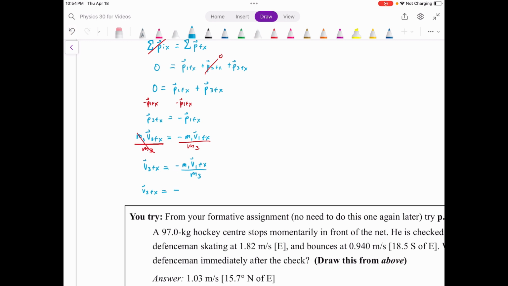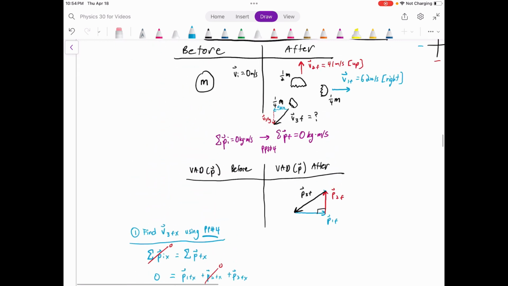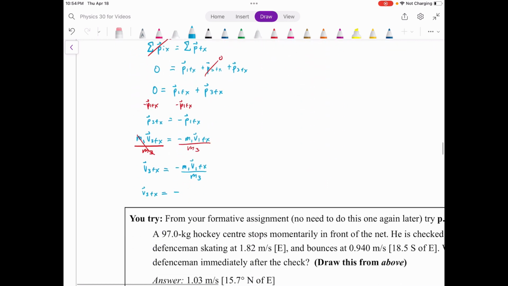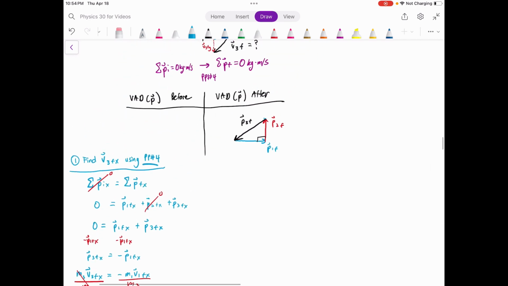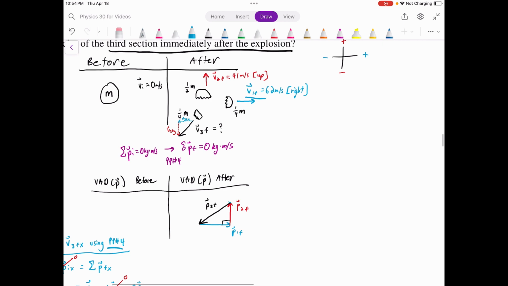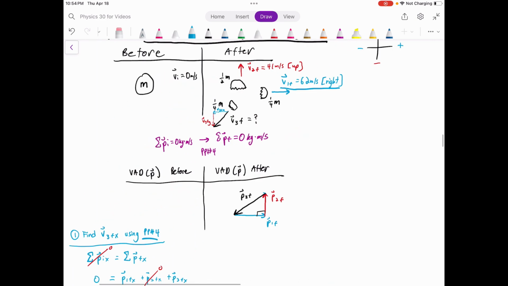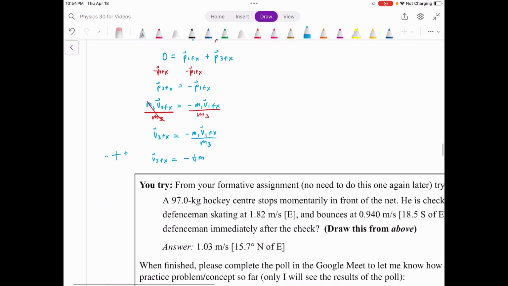negative mass 1. Now again, we don't know what mass 1 is, but we know that it is 1/4 of the total mass. So mass 1 is just 1/4 m. V1 final x is just V1 final, since it's all in the x-axis, times, and again, we were calling the positive x direction to the right, so I'll call it positive 62 meters per second when I put it in the equation here.